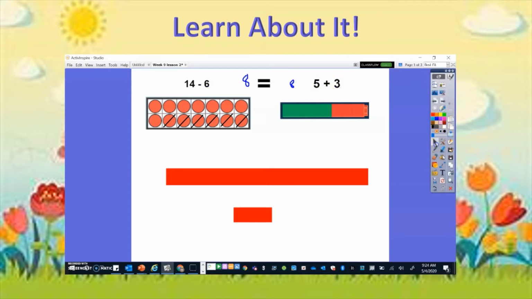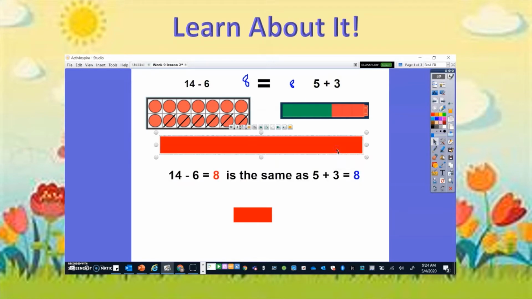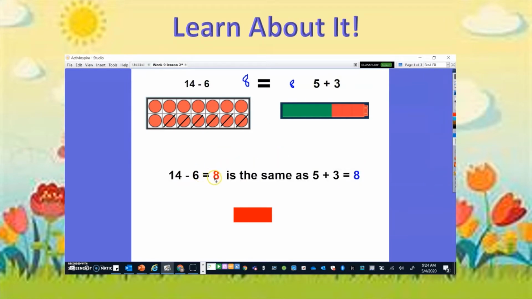So if we take a look down here, we see that 14 minus 6 is 8, and that is the same as 5 plus 3 equals 8, giving us 8 equals 8 on both sides. So to get the same number as your answer, there's two different ways we could have gone about doing that.